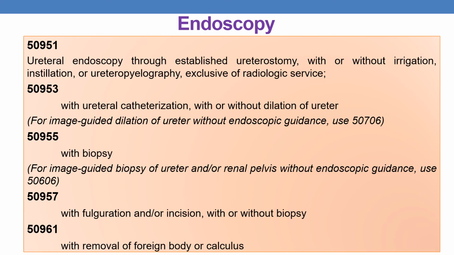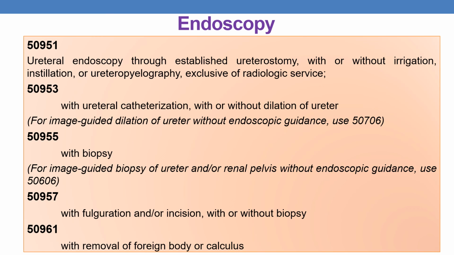The next is 50955. Ureteral endoscopy through established ureterostomy with biopsy. The next is 50957. Ureteral endoscopy through established ureterostomy with fulguration and or incision with or without biopsy.